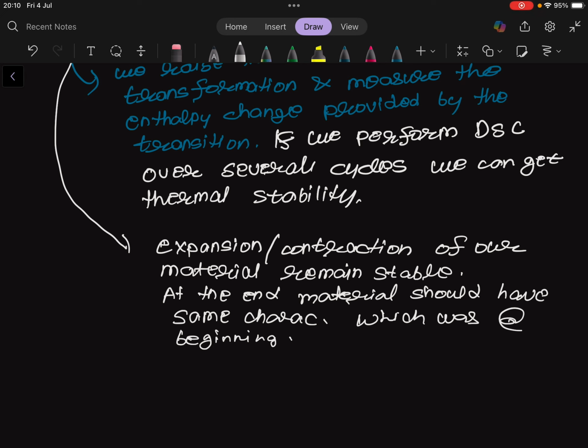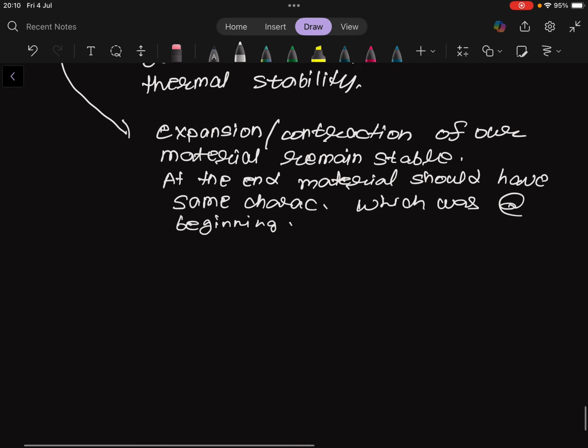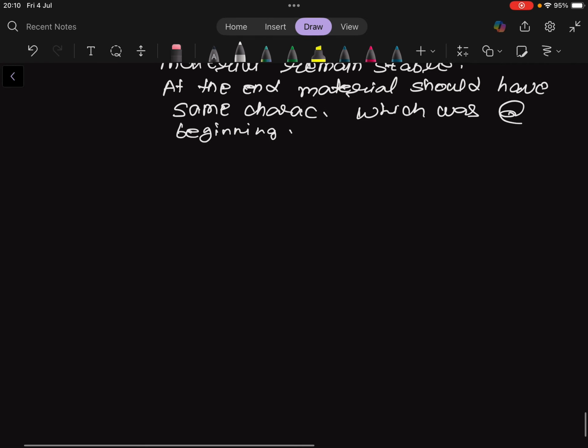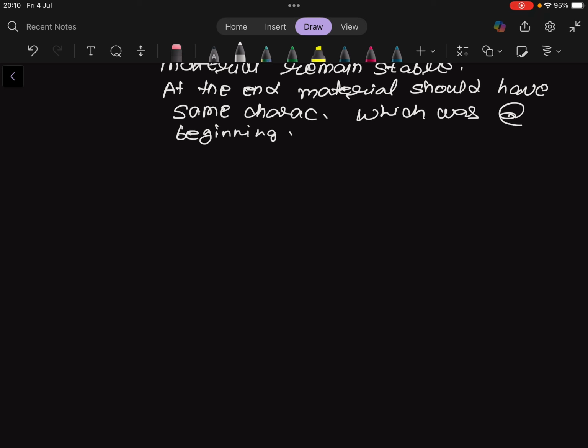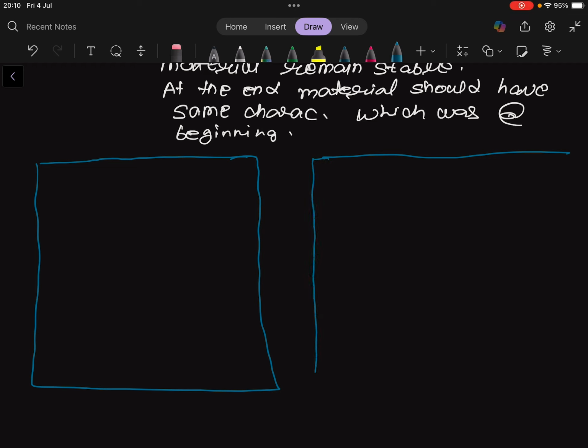So we can have some problems related to the system. Let me draw two diagrams here. This is the melting peak graph, and this is the solidification peak.